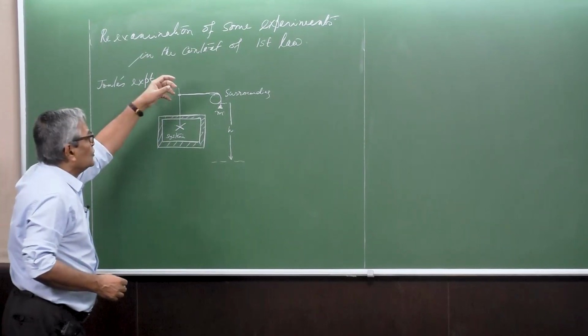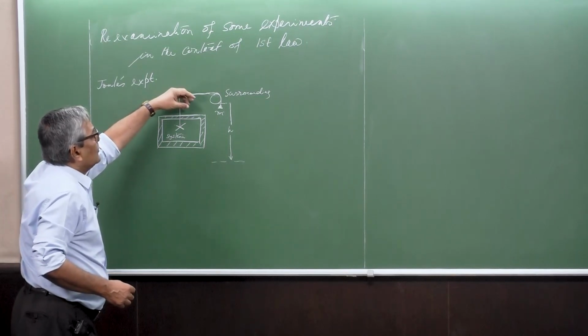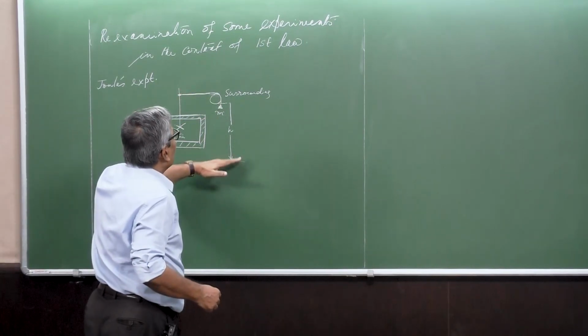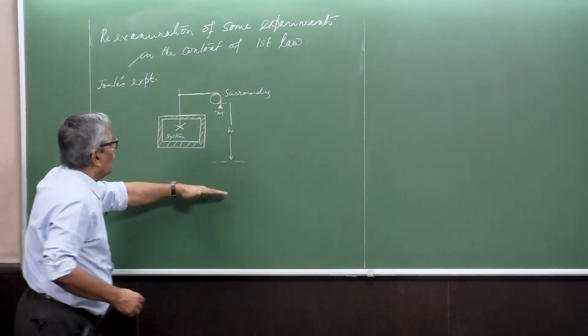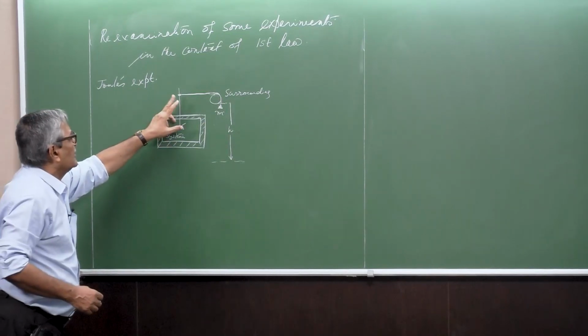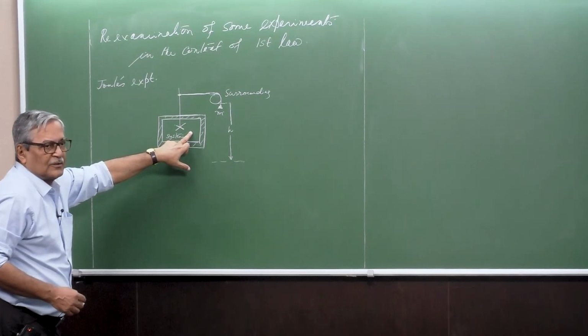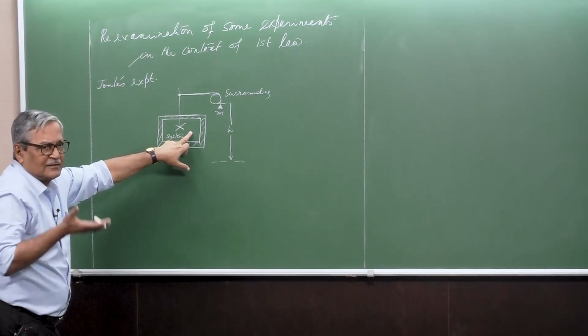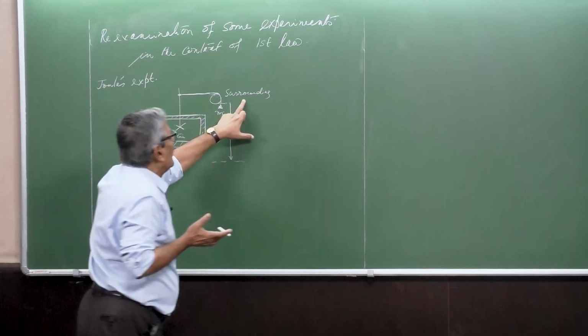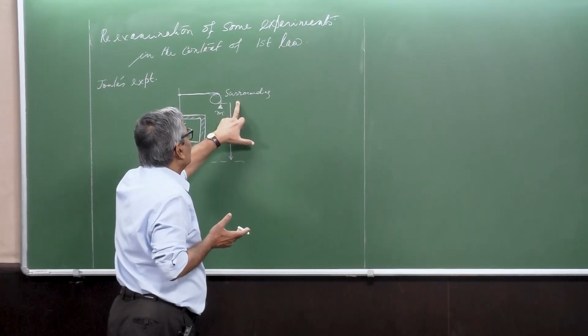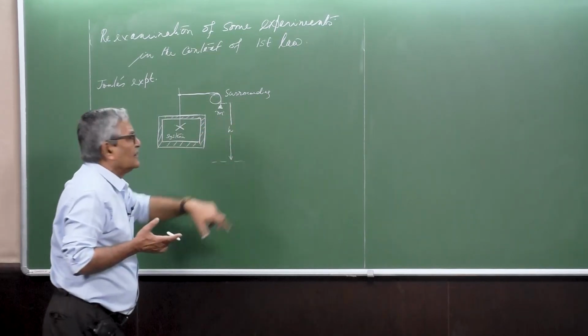What you do is allow the mass to fall, and there is a free fall, and there is a rotation in the wheel, and the temperature is increased. So that was the conclusion. The temperature is increased, and the weight falls in the surrounding.